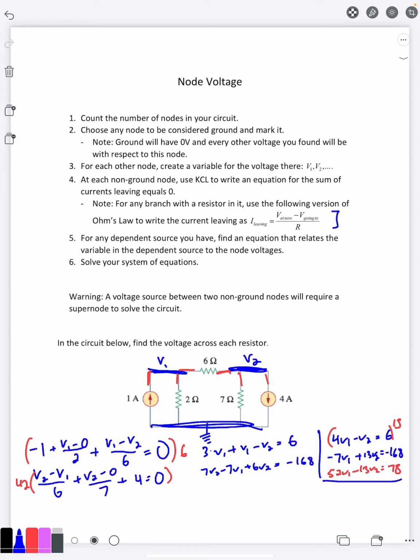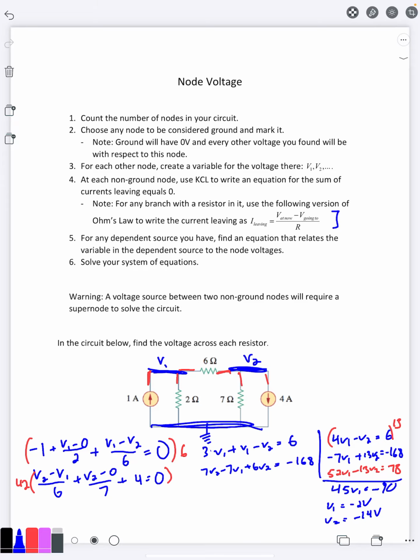Add down here. 52 minus 7 is going to be 45V1, and negative 168 plus 78 is negative 90, so V1 is negative 2 volts. I can go ahead and plug it up in there to find out what V2 is. It would be negative 8 minus 6, which is negative 14 volts. That gets me my voltage at the two nodes here, V1 and V2.